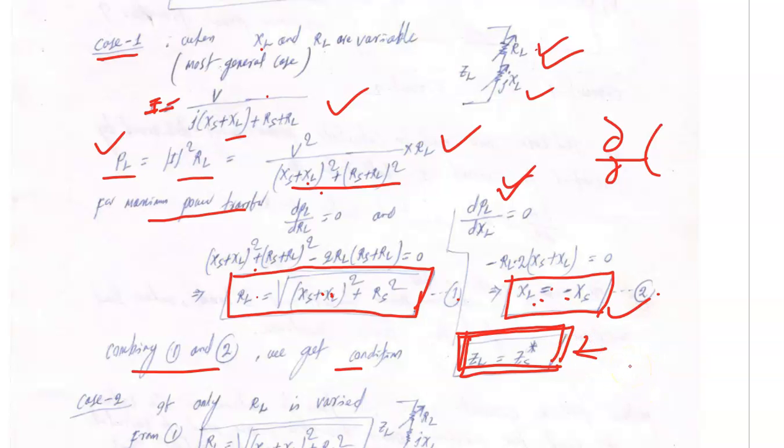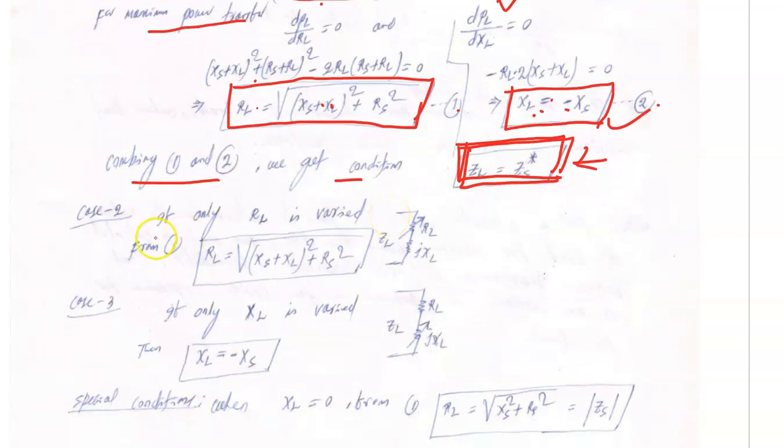As I have told, we don't have the opportunity to vary the load reactance, so that will be discussed in case 2. If only RL is varied, that is, you cannot touch the reactance or reactive impedance, we cannot vary it.